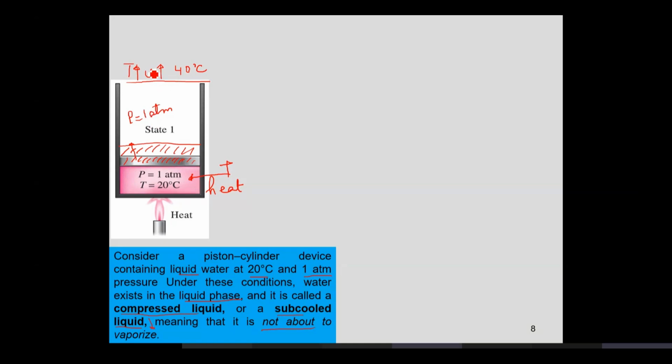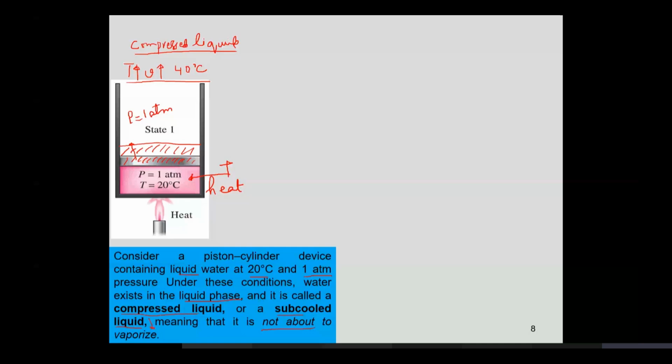So the liquid would be termed as compressed liquid, or you can also refer to it as subcooled liquid. So a liquid which is not about to vaporize. That means if you add a small amount of heat to it, it will not vaporize. That liquid is basically termed as compressed liquid. Clear enough? Yes, sir.